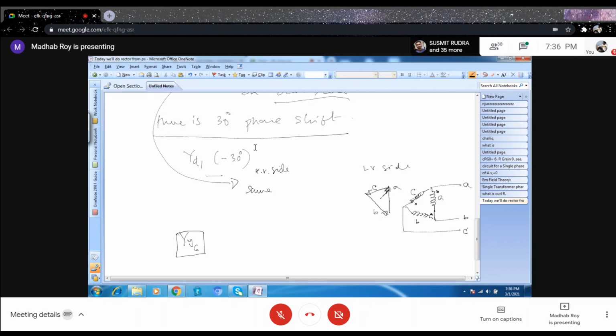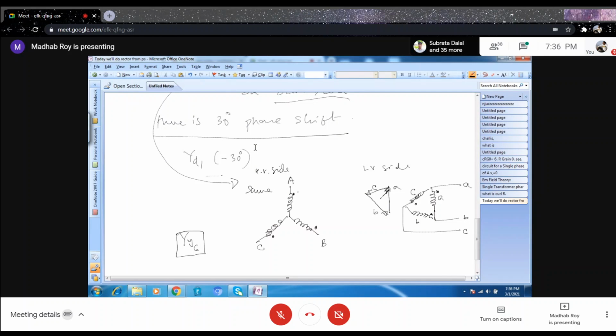Similarly, if you want to do the connection for the Y high voltage side, then the connection will be like this, and this is the connection diagram. Then it will be A, B, C, and the dot will be like this. These are called the polarity.